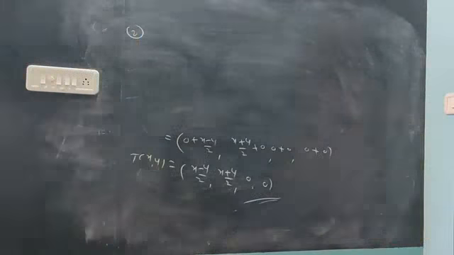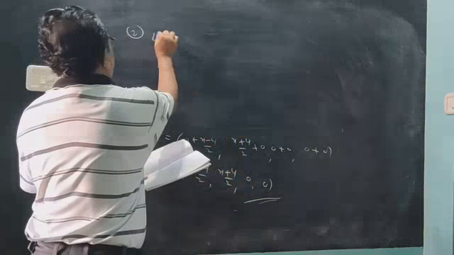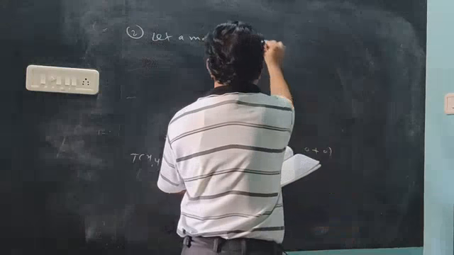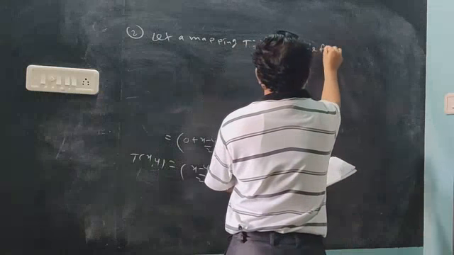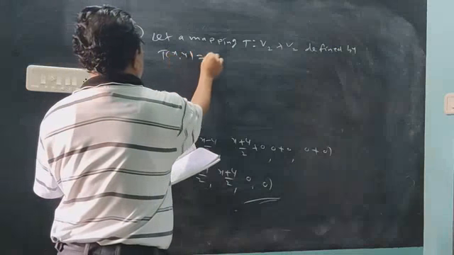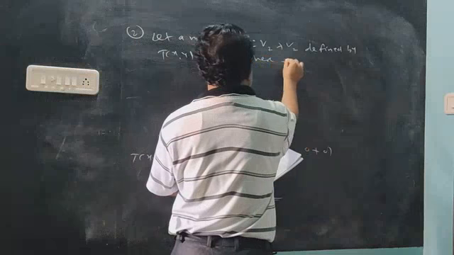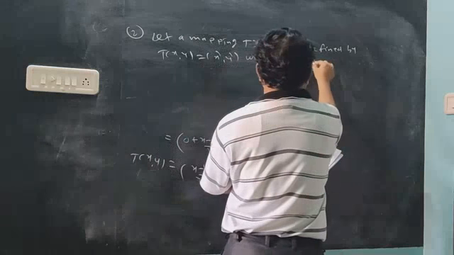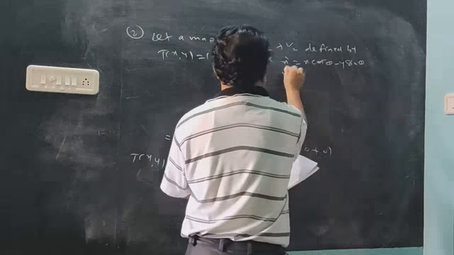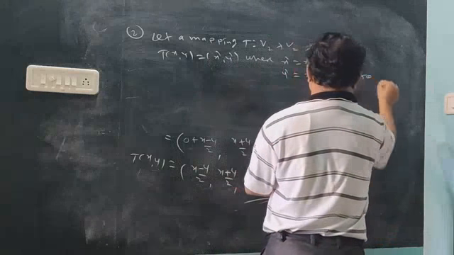Next example. Take a mapping from V2 to V2, again two dimensional, defined by T of (x, y) is (x', y'), where x' is x cos theta minus y sin theta, and y' is x sin theta plus y cos theta.